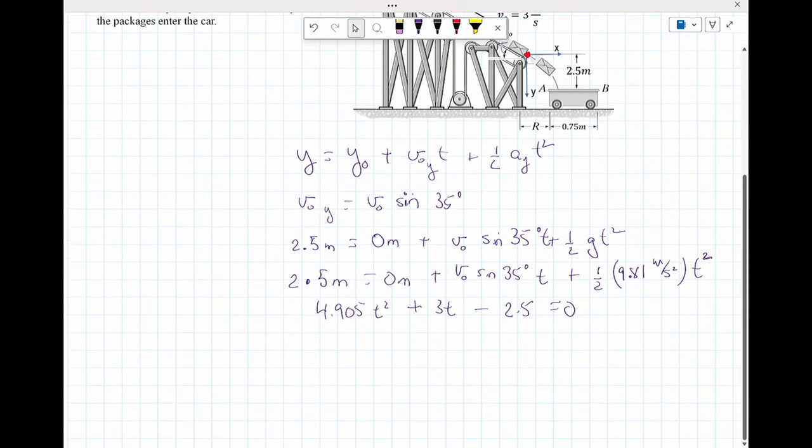So I end up with a quadratic equation, 4.905 t squared plus 3t minus 2.5.